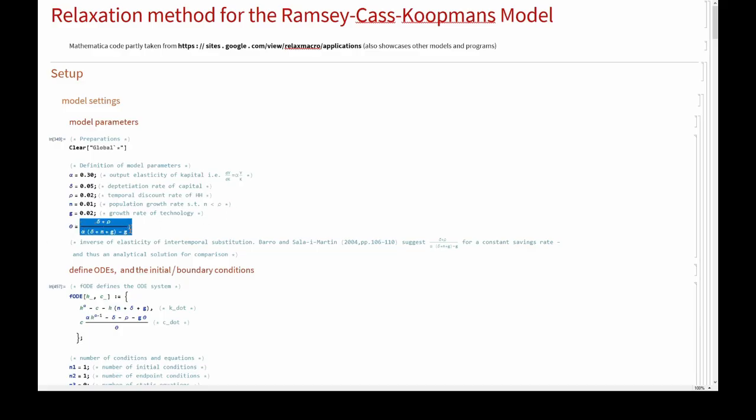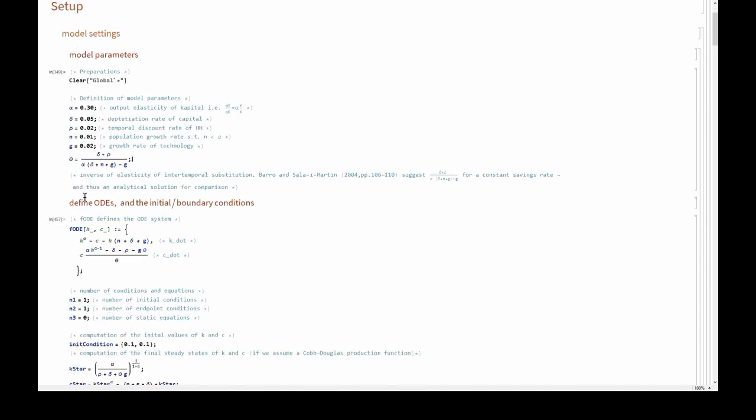And here I set my inverse elasticity of intertemporal substitution such that, as Barro and Sala-i-Martin suggested, we have a constant savings rate. This in itself is not necessary, but it helps to compare the results. So these are setting the parameters.